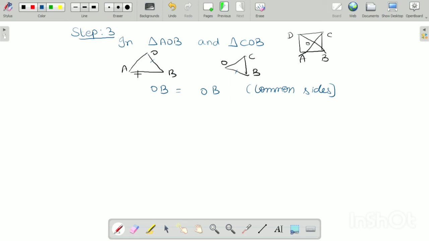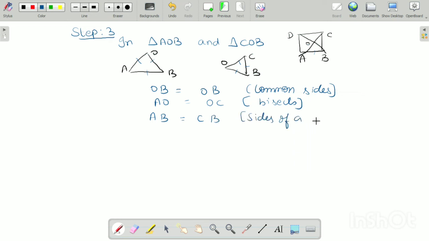Next we have AO and OC are equal. This we already proved in step 2, that is, the diagonals bisect. Next we have AB equal to CB. If you see the full picture you can get it. AB equal to CB means they are sides of a square.